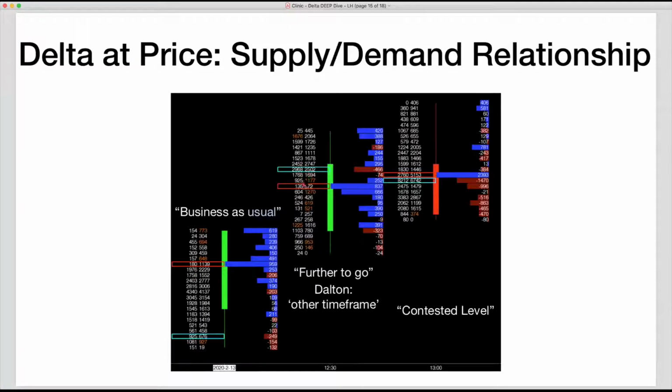But look at this one. Blue is above red. So what does this mean? This means the aggressive traders are in control. We've got further to go. So something I always do when I'm looking at longer term charts in this way is, as a quick sanity check, I want to understand the relationship of where the passive trading has been.